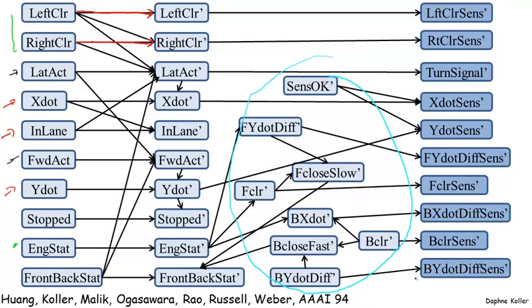And finally, we see that there are a large number of sensor observations, such as turn signal, whether the car is clear on the right and on the left, or appears to be clear on the right and the left, and so on. So this is a much more realistic model of how traffic evolves than the simplified one that we saw before.